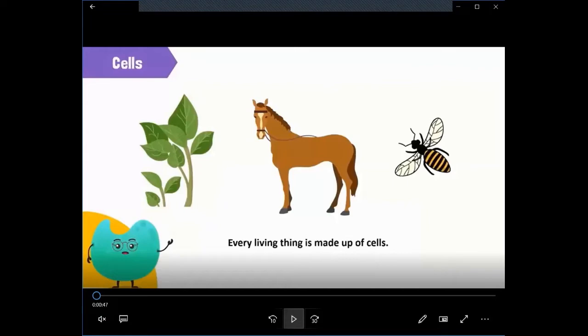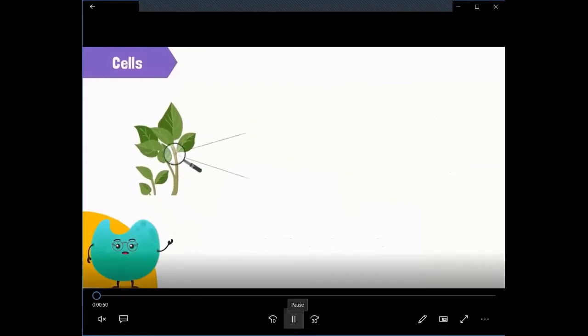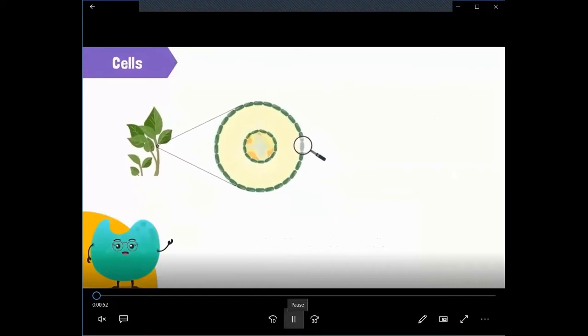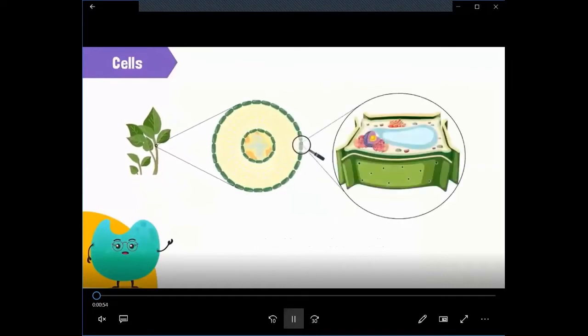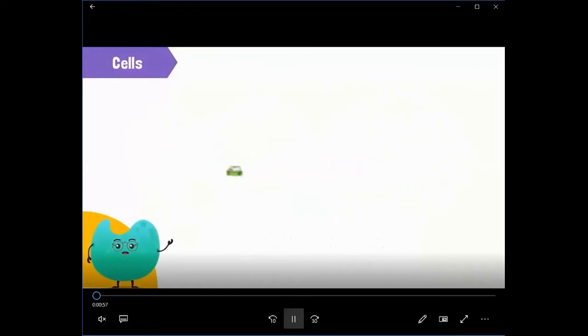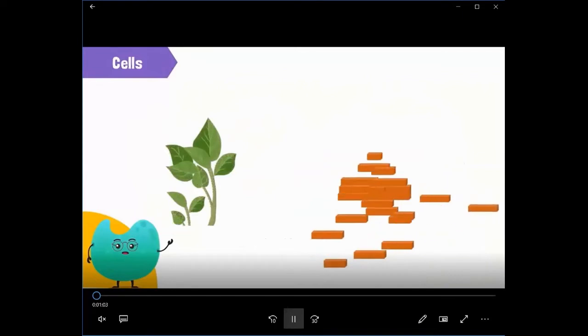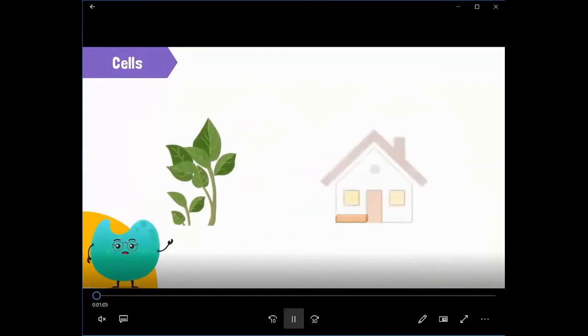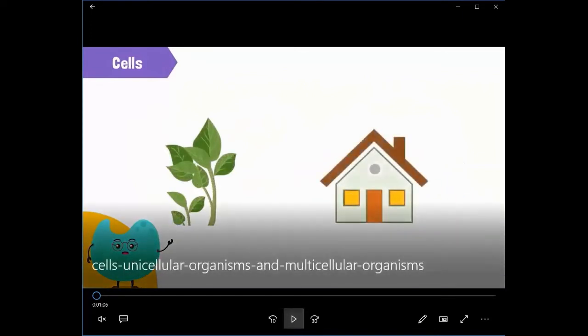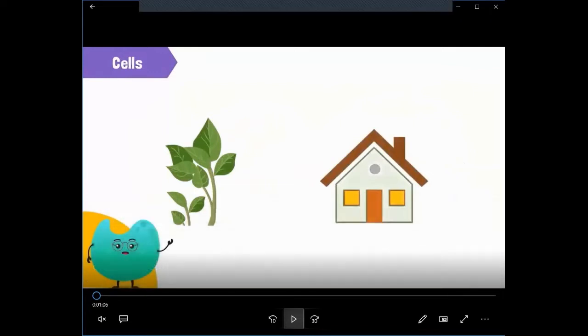But these cells are so tiny that they cannot be seen by our naked eye. All of them are joined together by bigger organisms that we can see. Just like our house, we cannot see until the bricks come together.